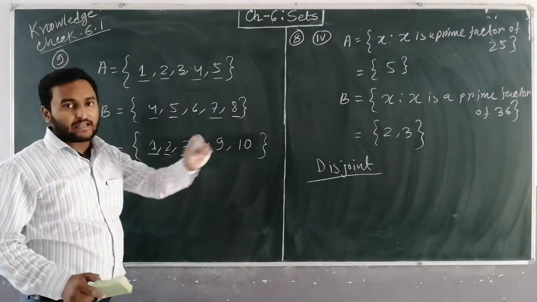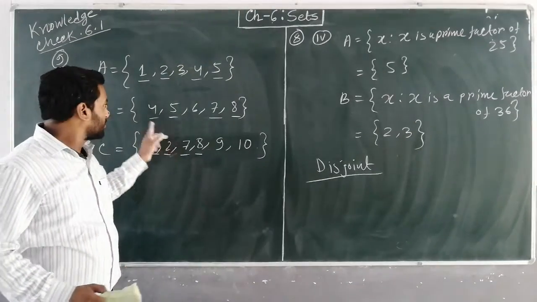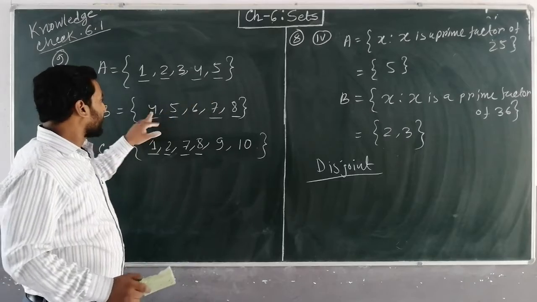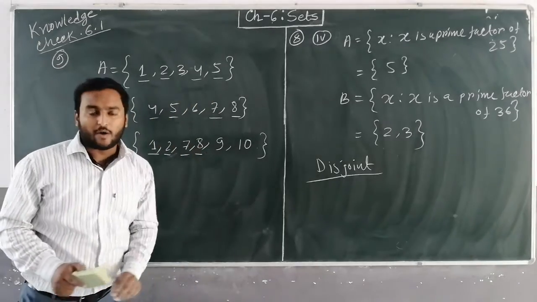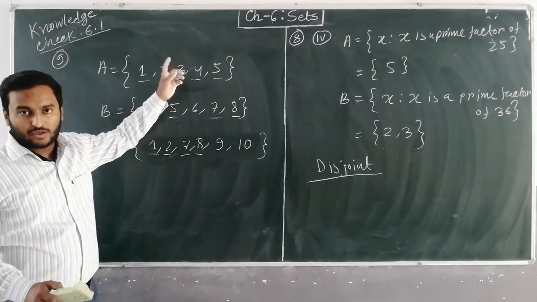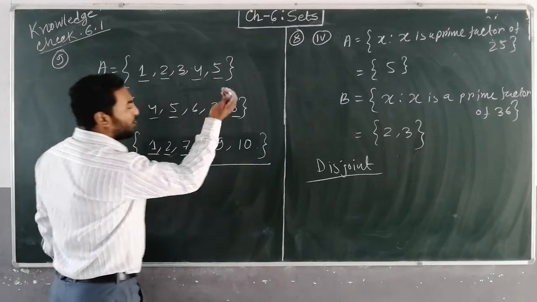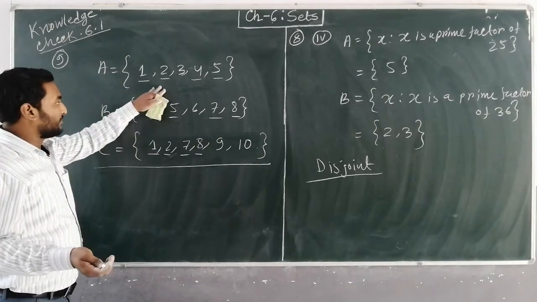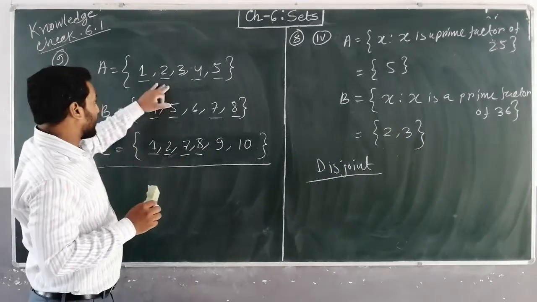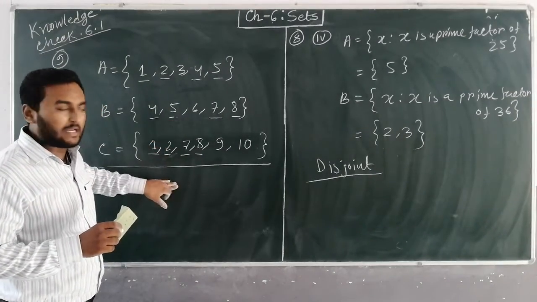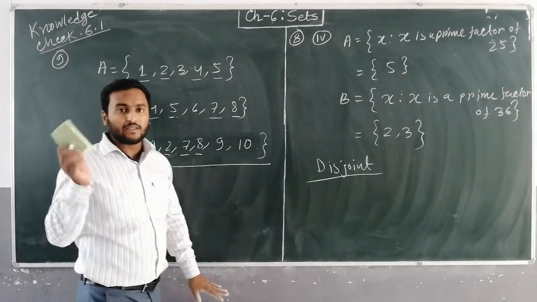You can't find a single element common in all three. Here 4, 5 are in A and B, but 4, 5 is not in C. So no element is common in these three sets. This is the example you can take, or you can choose more examples by yourself, but the conditions should be followed: A and B overlapping, B and C overlapping, C and A overlapping, and no element common in all three sets.